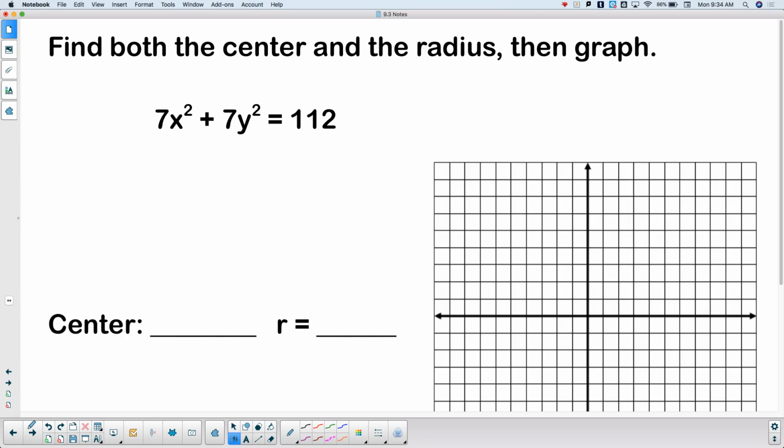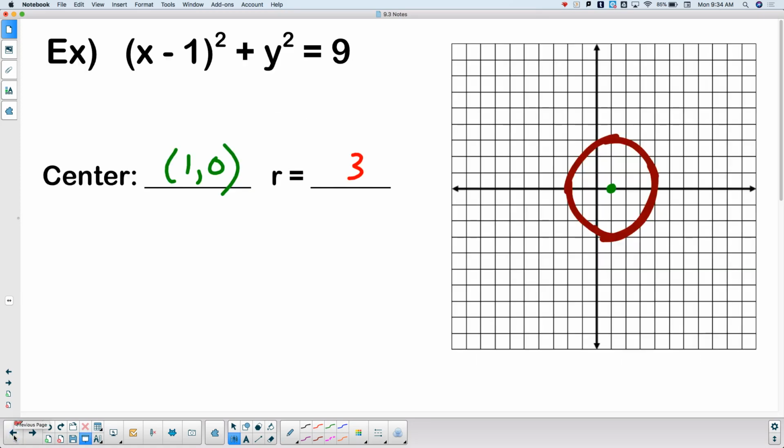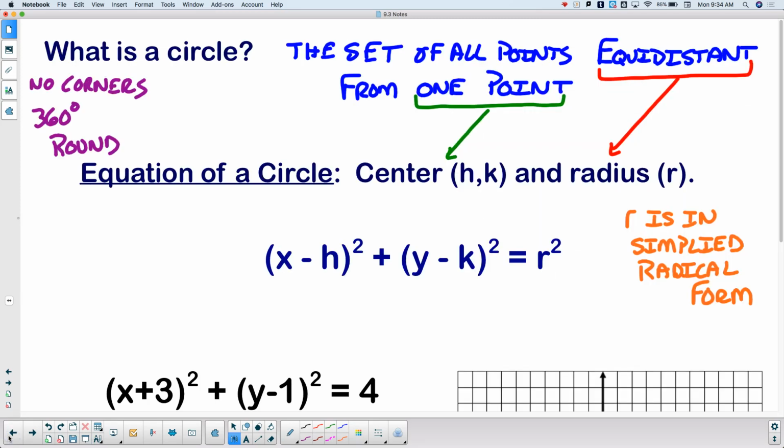What's wrong with this one? Right from the start, what's wrong with this one? Not adding or subtracting. It's the coefficient. There's a coefficient, right? Now, if you'll notice, the last example has no coefficients on x or y, and the one before that, no coefficients on x or y, in the equation.